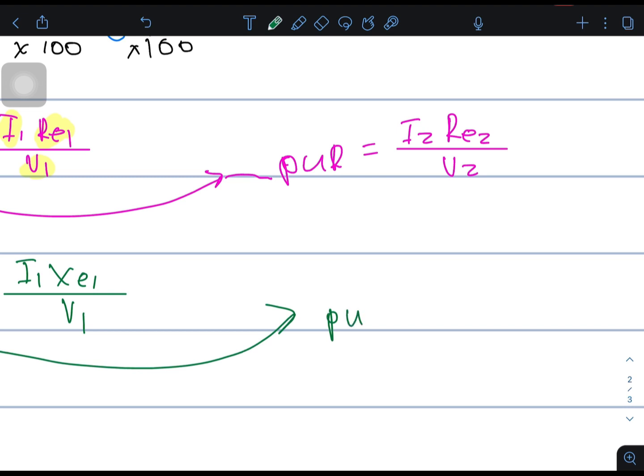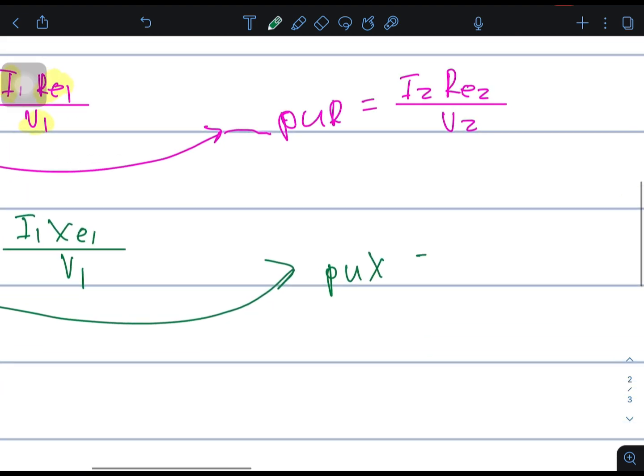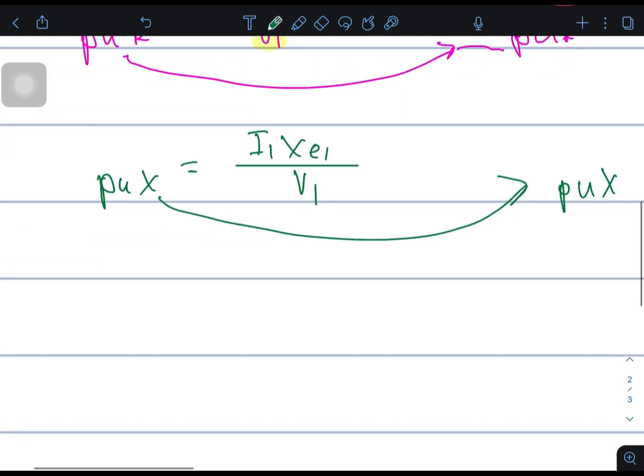Can I use it on the primary? Yes, you can use it in both windings, depending on which value the question wants you to calculate. Then I2, XE2, V2.